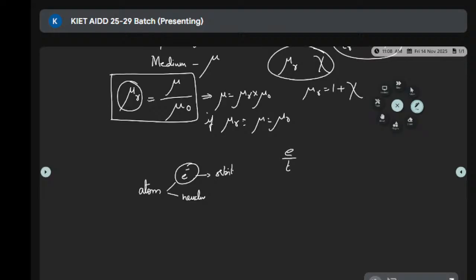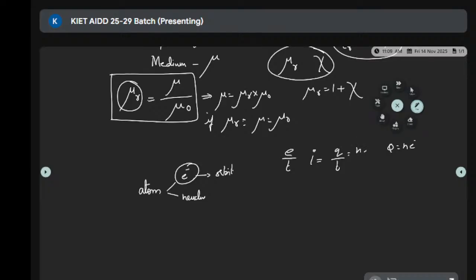The rate of charge is current. I is equal to Q by T, where total charge Q is equal to NE if you write.